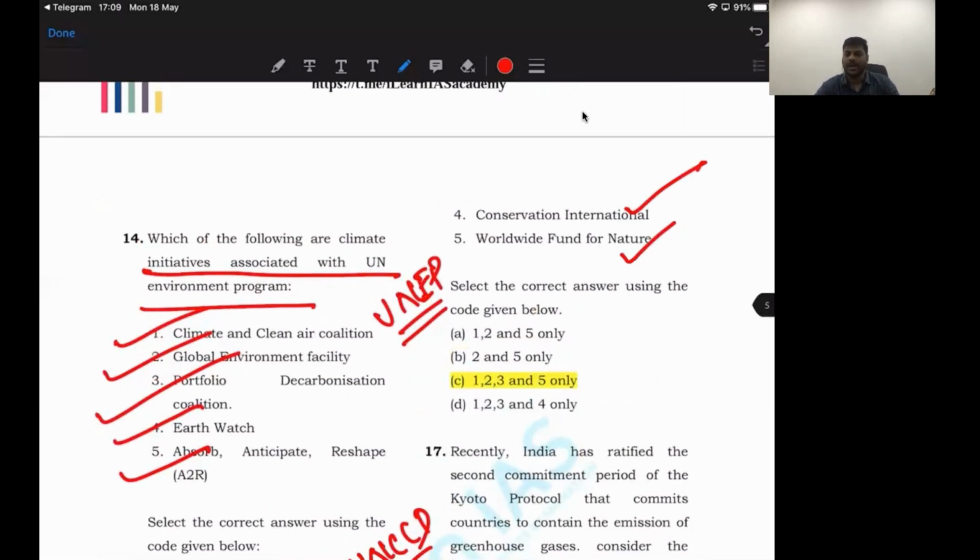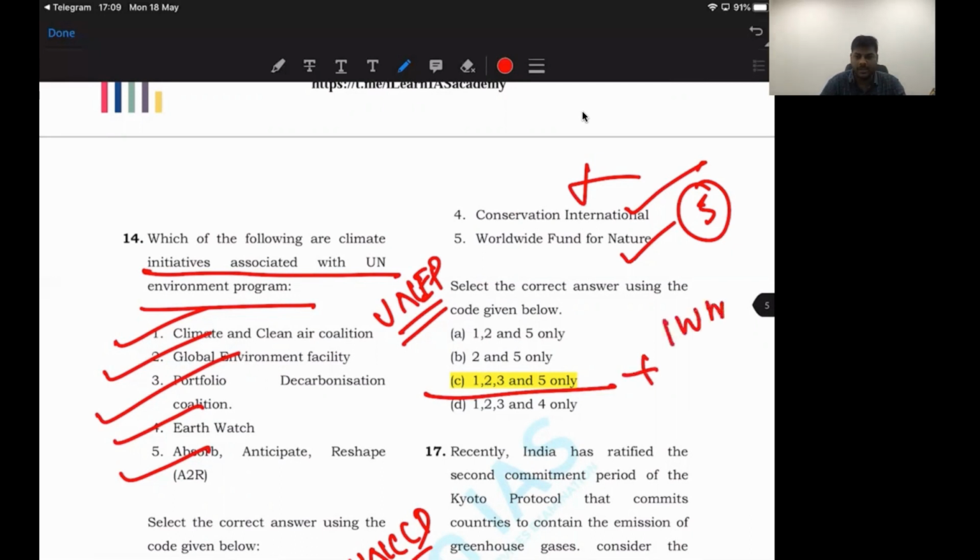Which among the 5 organizations are associated with the Ramsar Convention? The Ramsar Convention has some partner organizations, and among this list, Conservation International is not there. All other 4 are there, plus additional organizations.